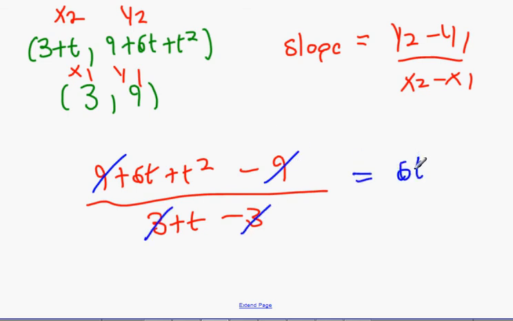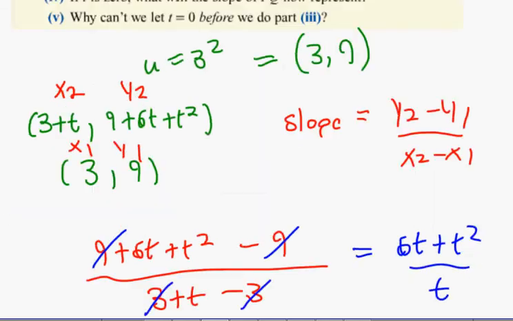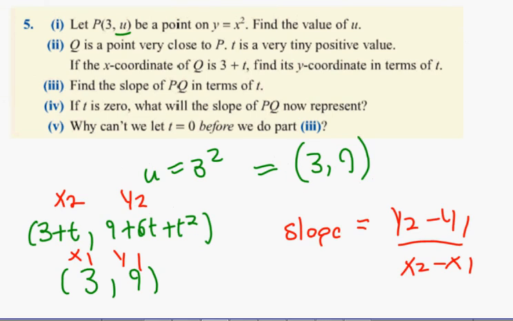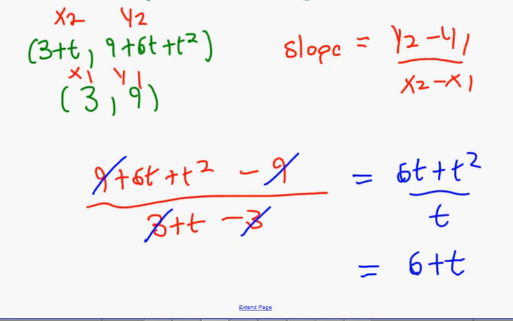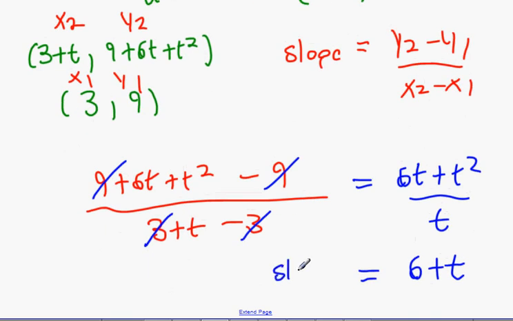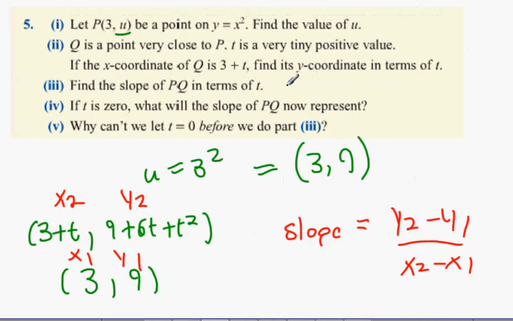And we're going to be left with 6t plus t squared all over t. Divide by t and we get 6 plus t. So the slope is 6 plus t.